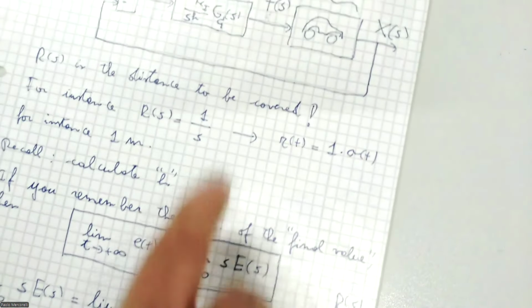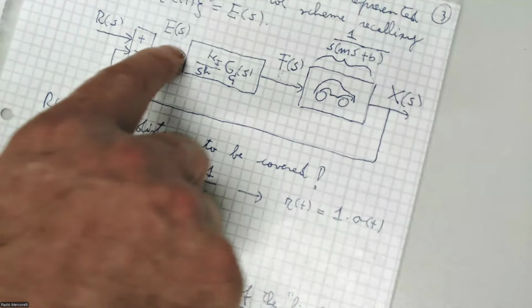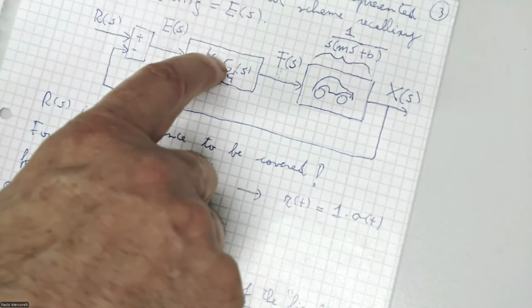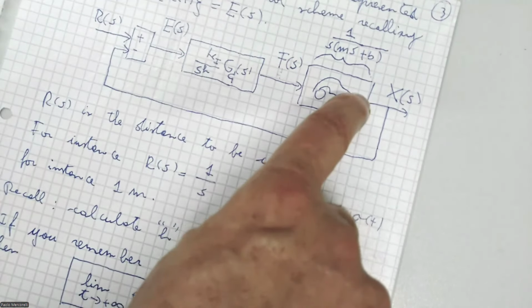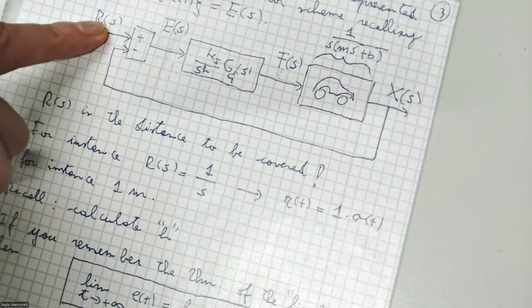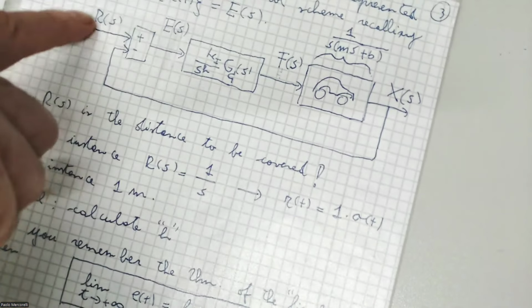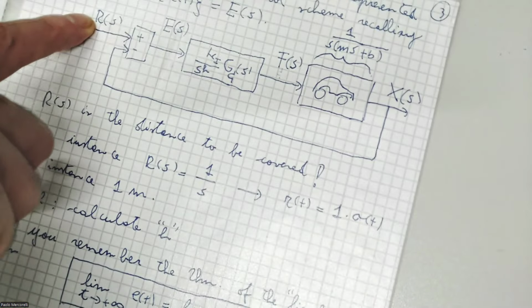Excuse me, in the loop, we are in the denominator. What we find in the loop: 1, if this is negative, plus this multiplied by this. In the numerator, we have a 1 because it's what I find directly between this signal and this signal, the input and the output.